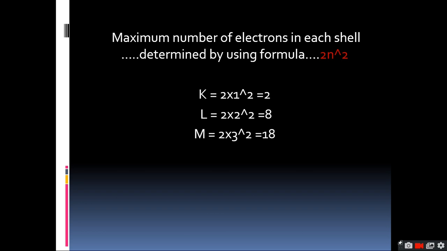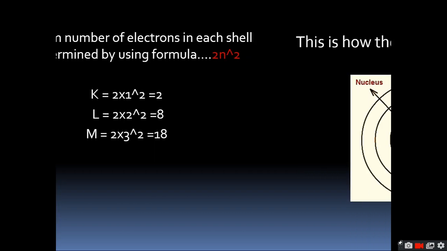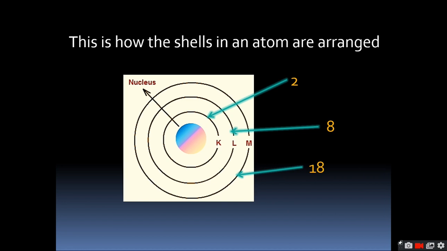M shell, a little more larger, says 18 are enough. N shell, a little more larger, O some more, P some more. This goes on till the number of electrons in the atom are over. This is how the shells or the orbits are arranged.